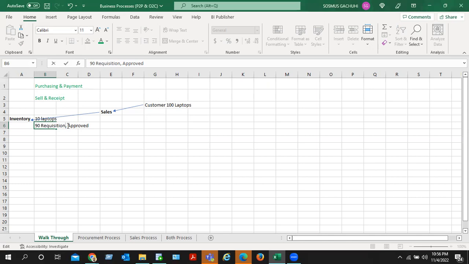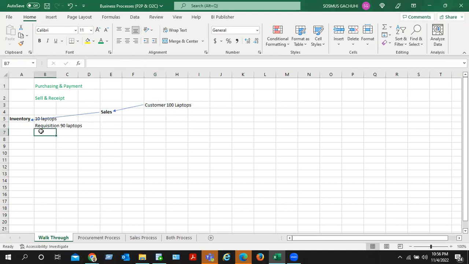We will have a requisition of 90 laptops. Let me put it here. At least to be able to do this sale of 100 to the customer.